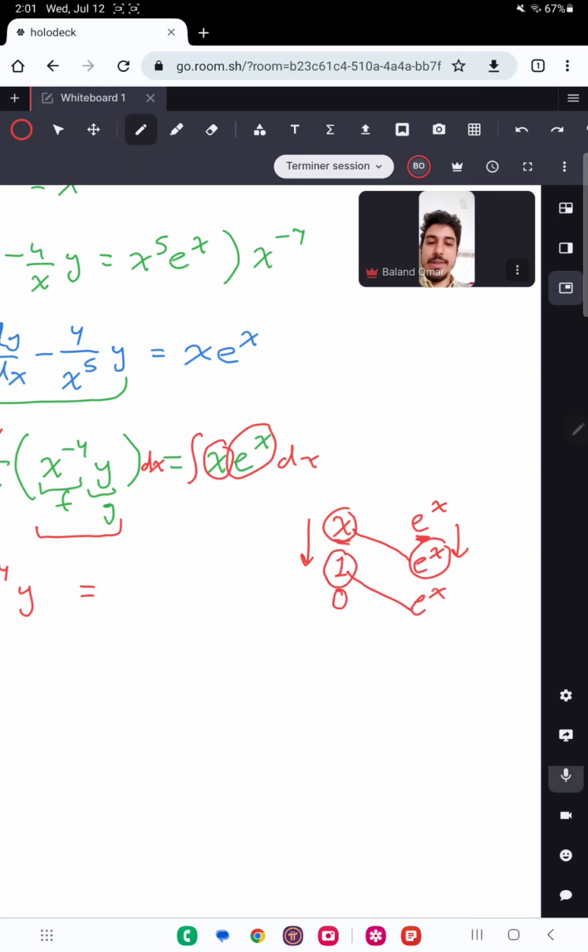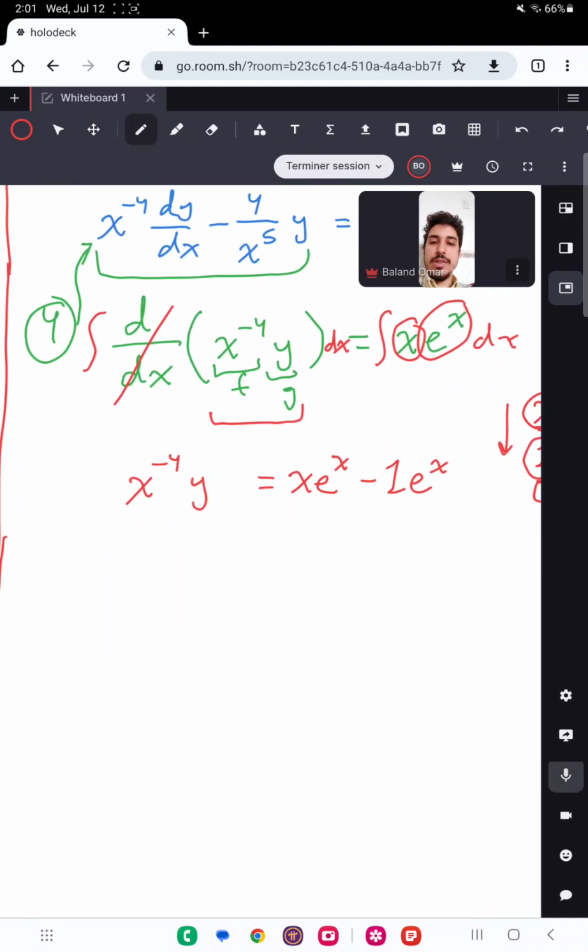So I multiply this term by this term, and this term will be positive and this term will be negative. So it's going to be positive, negative. And if I had more steps, it would be positive, negative, positive, negative, and I just add them together. So I have x times e to the power x minus 1 times e to the power x. And there we go. Straightforward, easy.